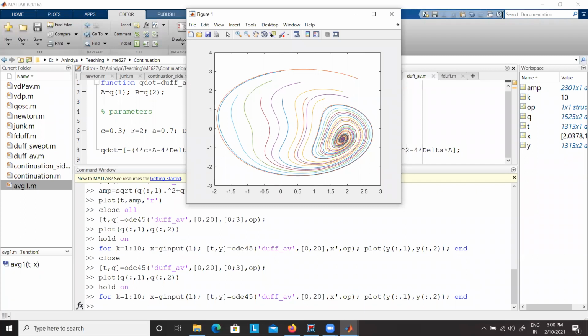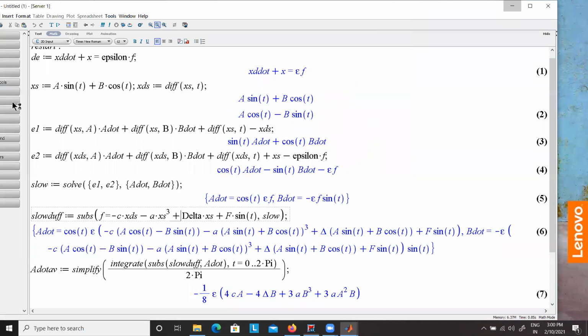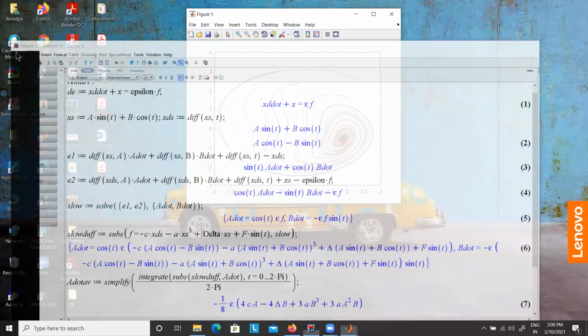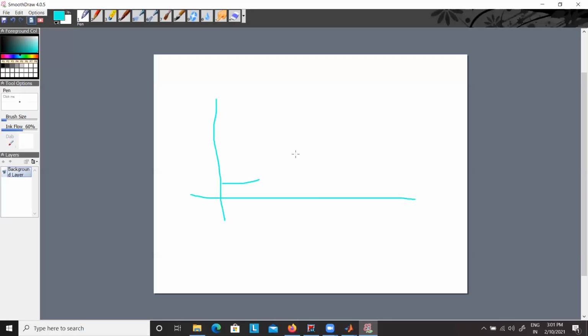Right? The shadow of it is here. So let me explain with a drawing. Sorry, maybe like this. Okay. So we are doing a perturbation study. So we are in this region only.